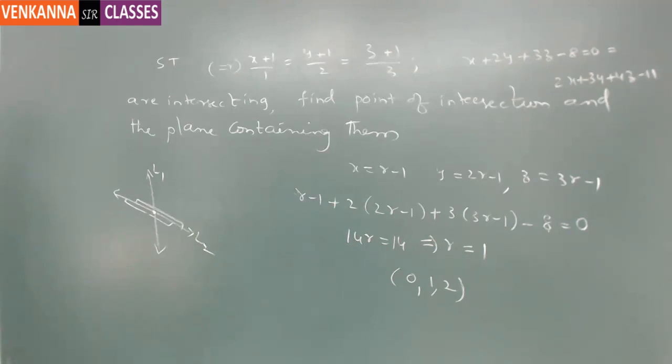So you can conclude that 0, 1, 2 is the respective point of intersection. Accepted? Any doubts for anybody over this approach? Please tell.